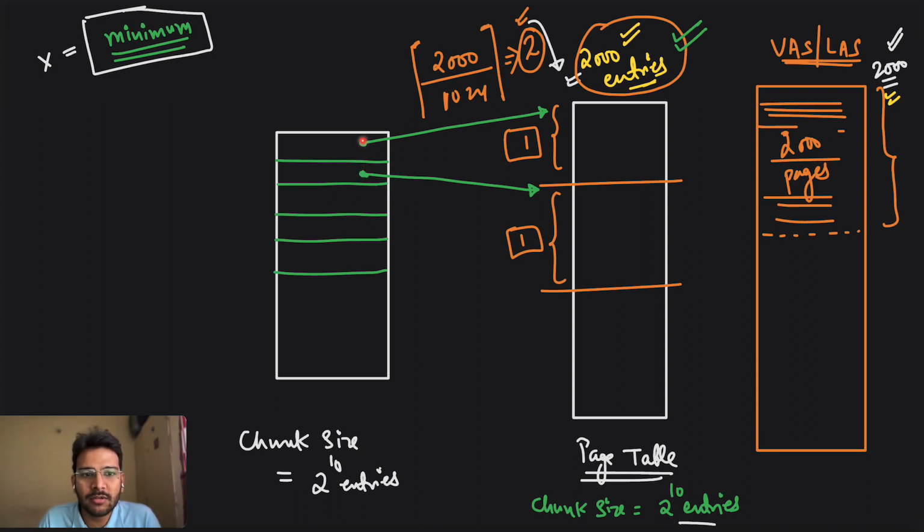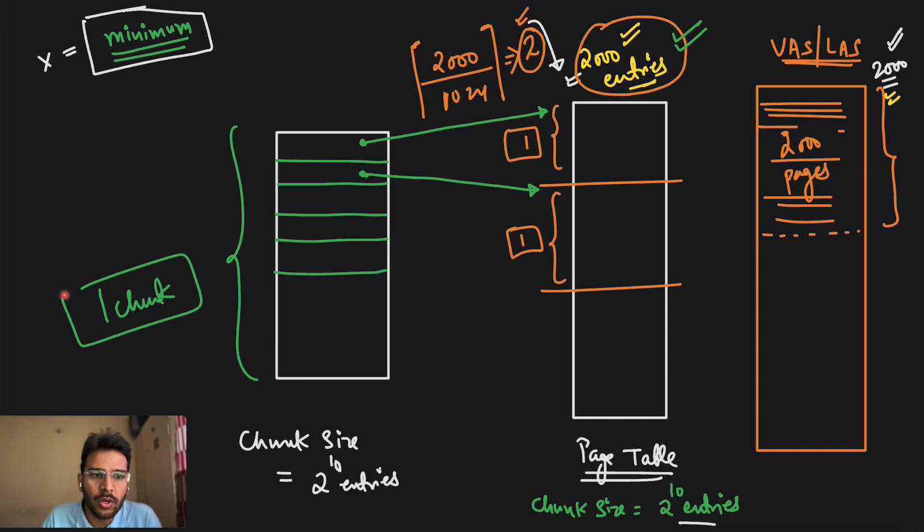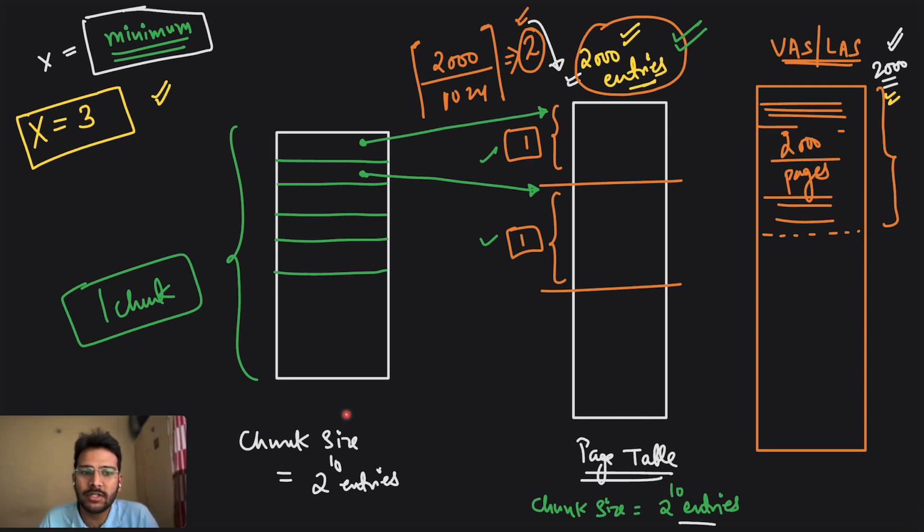So how many chunks? We know that this is going to be one chunk, right? So one chunk we need here, 1 plus 1, 2 chunks we need here. So can I say that the value of x is nothing but 1 plus 1 plus 1, it is going to be 3. Minimum these many chunks are needed across the two levels.